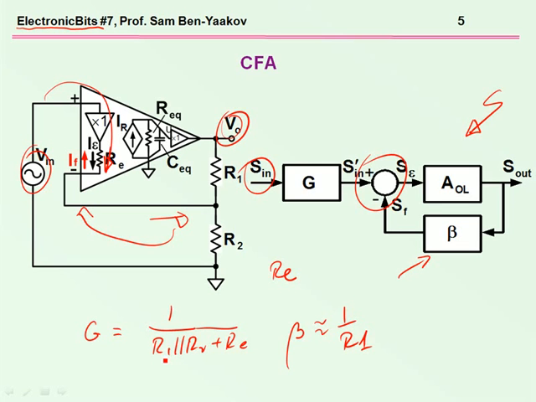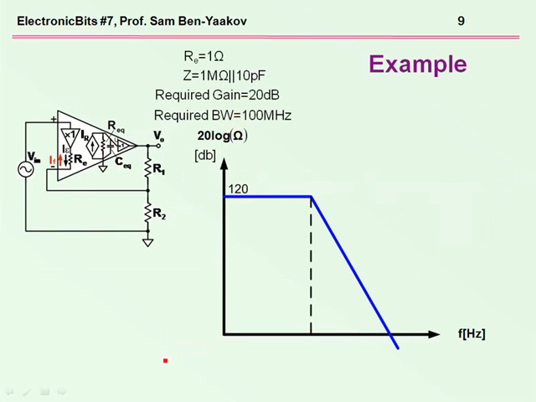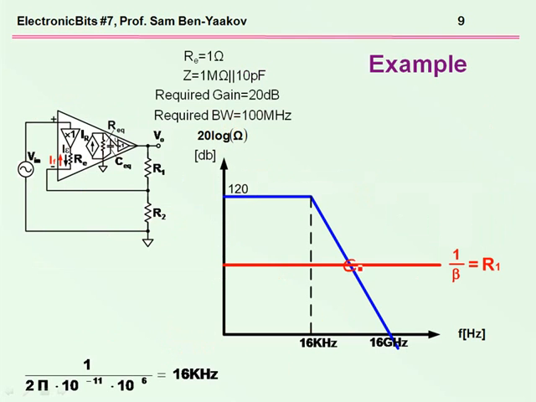And the question is, what can we do in order to change the bandwidth? Now, as I've shown before, the bandwidth of an amplifier is determined by the point at which beta A, the loop gain, is equal to 1.